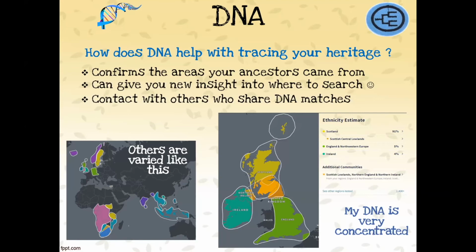You might be able to find out a lot of information, but it's fascinating to know when you've done a DNA test that it can confirm what you know, but it also surprises you with a lot of things you probably don't know. It can give you insight into where to search next, or it gives you contact with others who can share the same DNA matches.